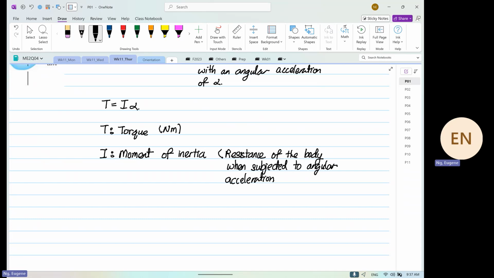And alpha, as we all know, is the angular acceleration. So the units over here are radians per second squared, and over here kilogram meter squared.